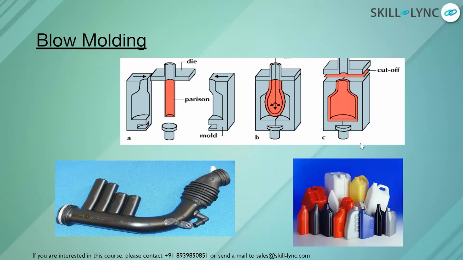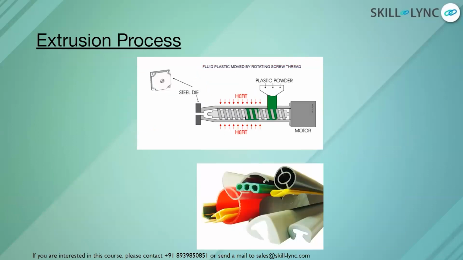This is how jerry cans for holding petrol in vehicles, water bottles, and inlet manifold components for intake of air, all those things in your automotive, can be made using the blow molding technique.